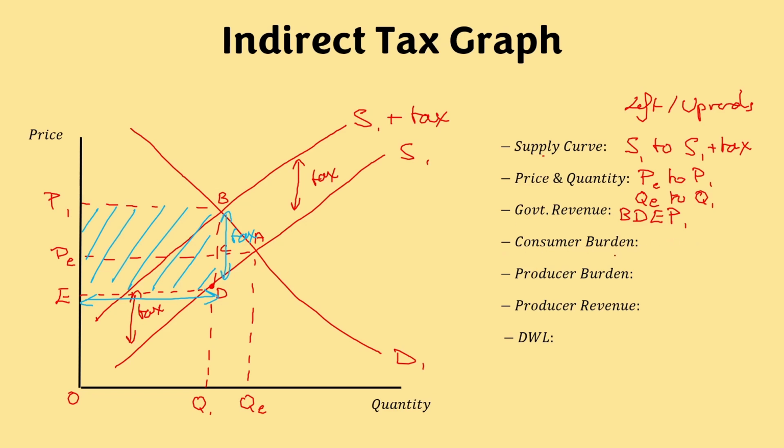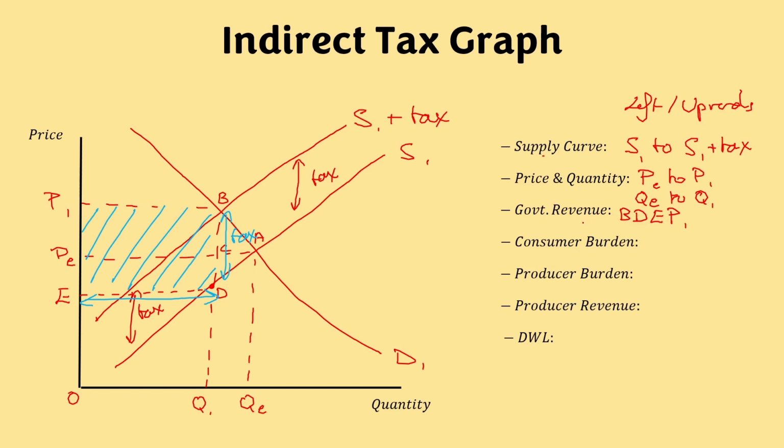So the consumer burden will be the difference from the price they used to pay to the price that they pay now because of the tax. So in this box here, that would be the difference between PE, the price they used to pay, and P1, the price that they now pay.